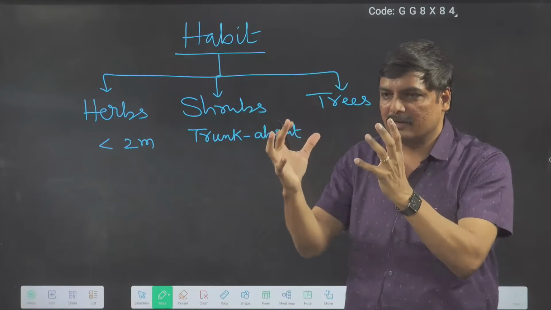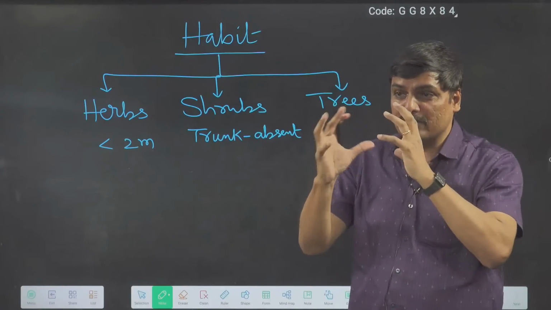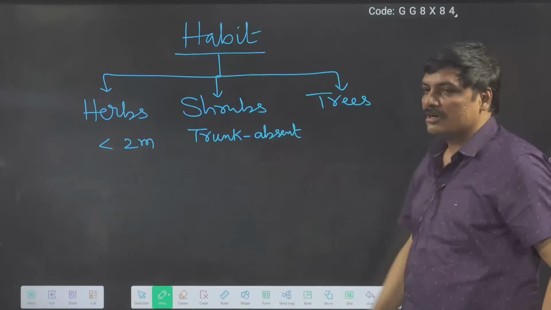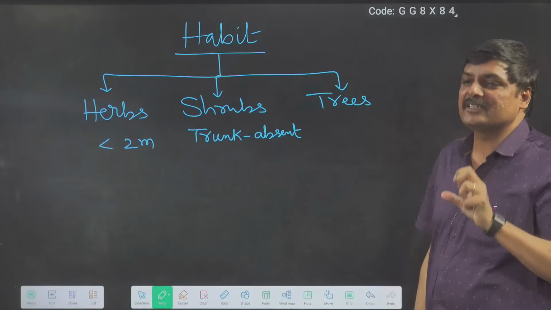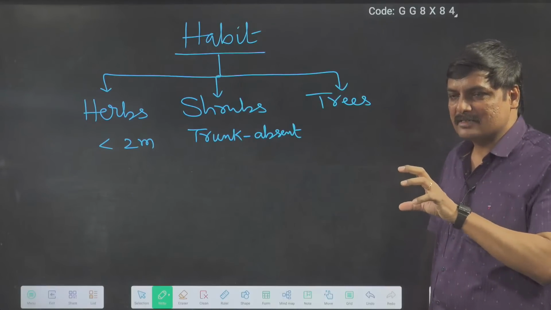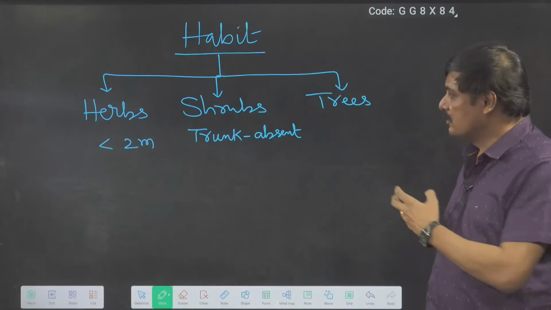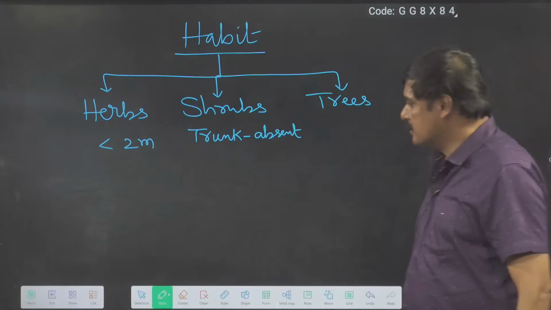These are woody, hard in nature, and those are called shrubs. The height of these plants is medium. For example, jasmine is a shrub. Rose is a shrub.